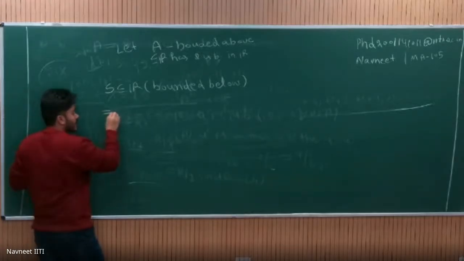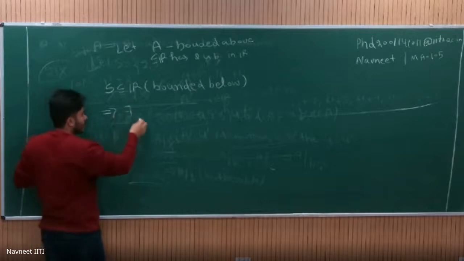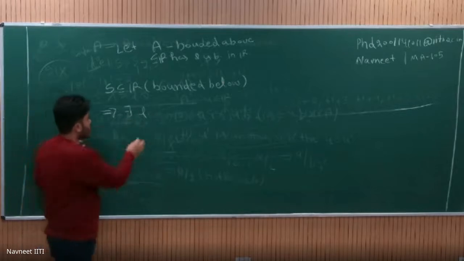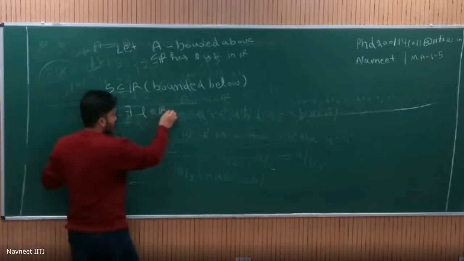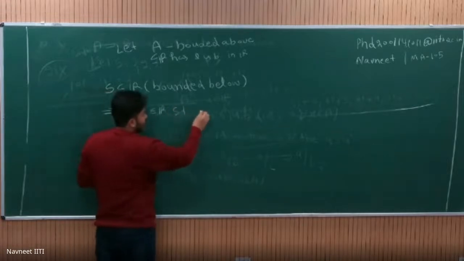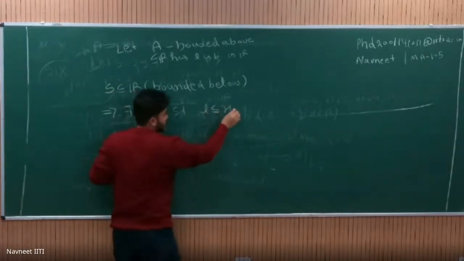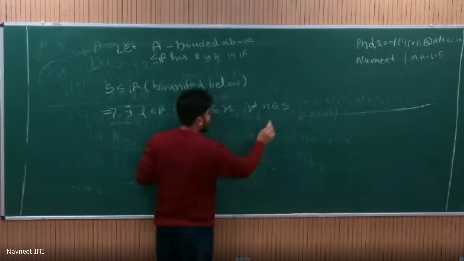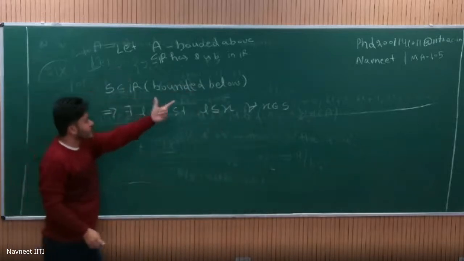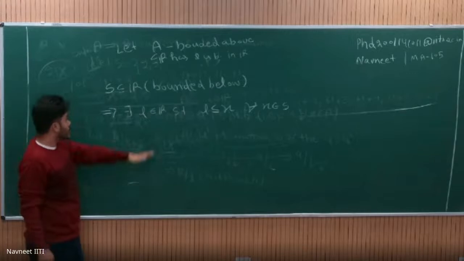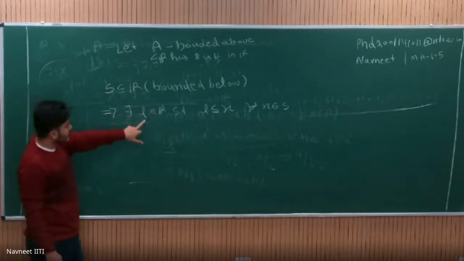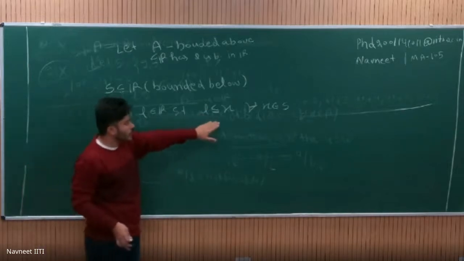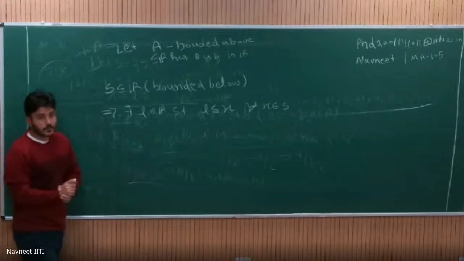Okay, this will imply that there exists a number, say L, belonging to the real numbers, such that L is less than or equal to x for each x belonging to the set S. I am not using anything, just using the definition of a bounded below set. The meaning is: there exists a real number L belonging to R which is less than or equal to all the numbers inside the set. Up to this point, any doubt?